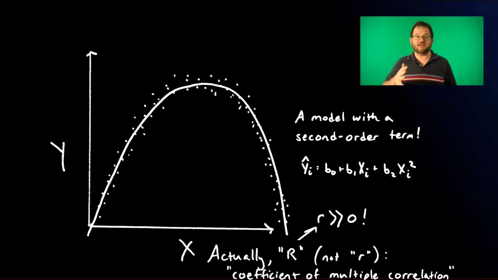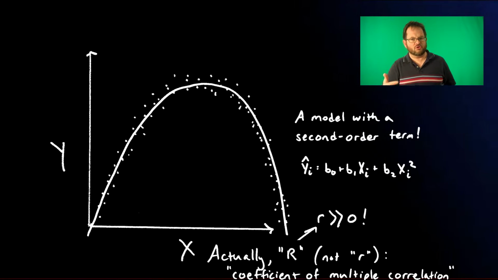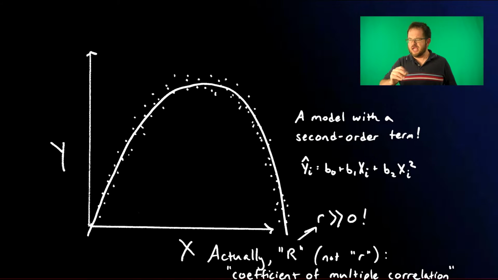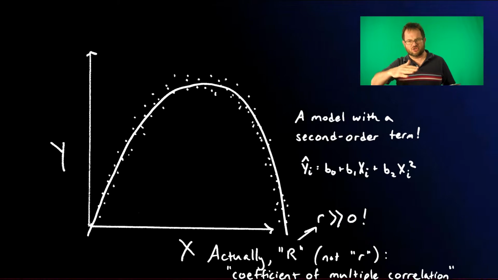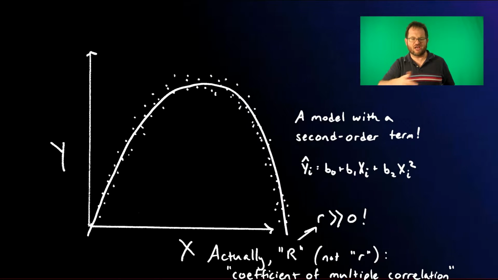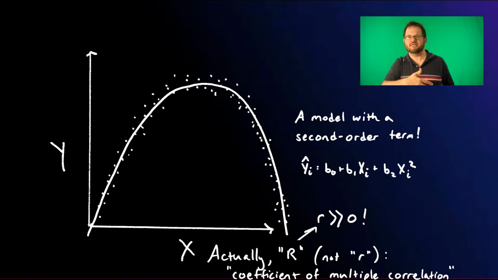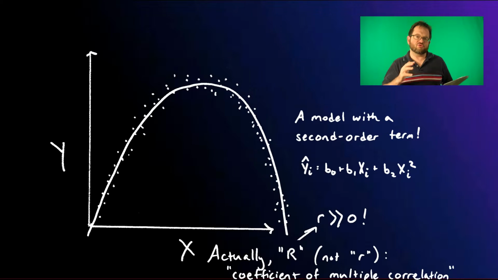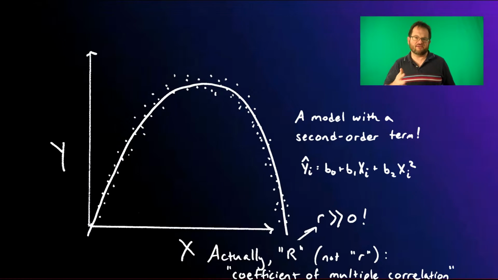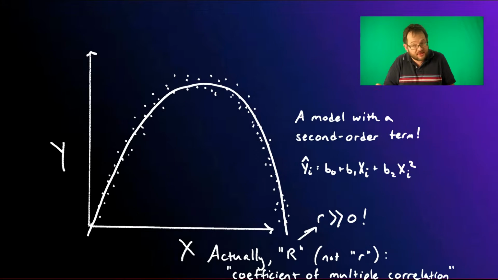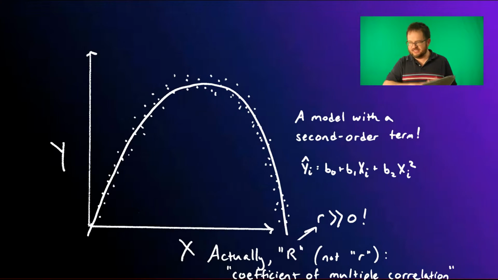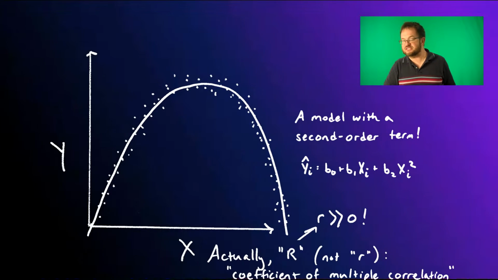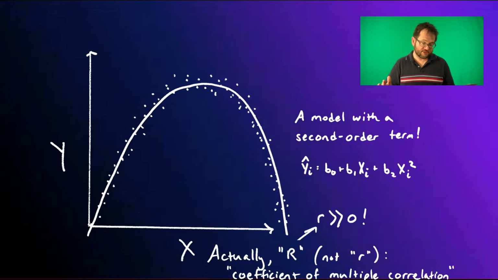The sign of the ordinary correlation, little r, had to do with the sign of the slope of the best fit line, but once you start having a curve like this, there's no sense to the sign of the slope and things like that. So the multiple correlation coefficient, big R, doesn't have a sign. It just goes from 0 to 1. But other than that, it works exactly the same way. It has the same relationship to percent variance explained that ordinary correlation does.